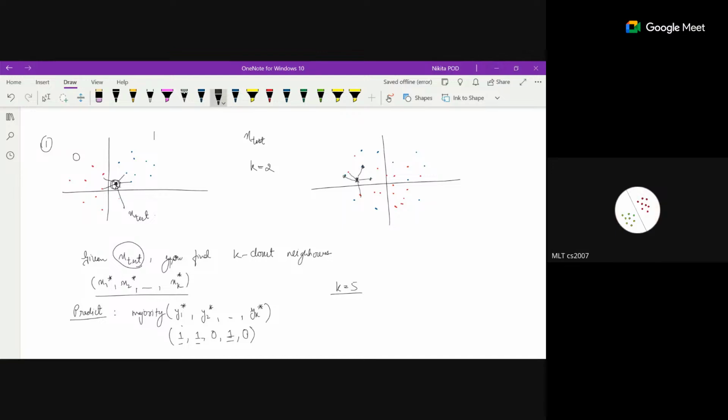First, you need to calculate the distance of this point with all the data points. Yes, you need to calculate it with all the data points. But one more thing here: if you have a data point, you need to look at its distance from each of the data points.